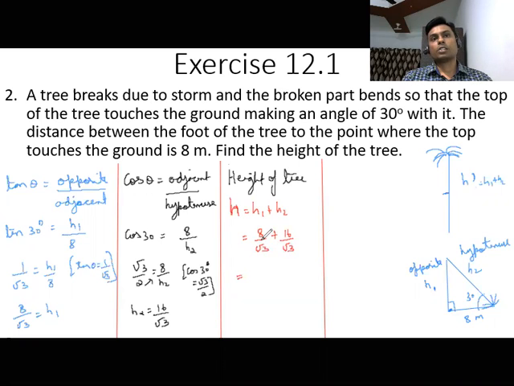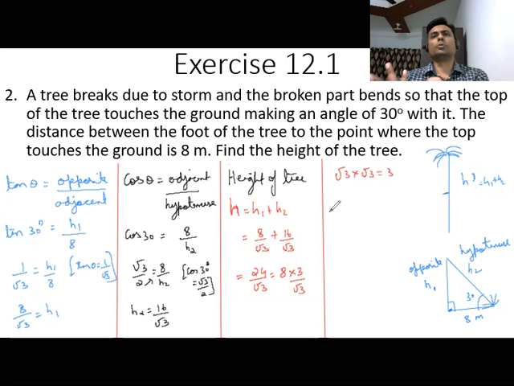Denominator is the same. So 8 plus 16, 24 by root 3. 24 by root 3 can be written as 8 into 3 by root 3 because 8 into 3 is 24. Now 3 can be written as root 3 into root 3, because root 3 into root 3 is 3.